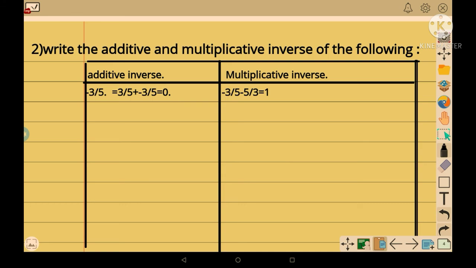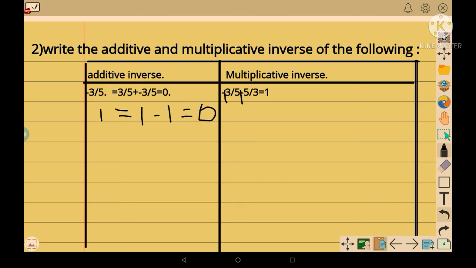So now here the second one is 1. Okay, with the 1 in this sense, if we add or subtract, it gives us 0. So 1 minus 1 equals 0.